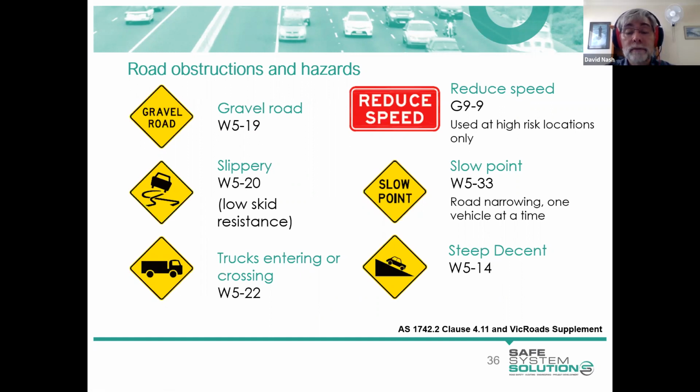Reduce speed, definitely don't overuse that. That should be reserved for particularly risky situations, high risk locations. Slow point is probably fair enough, and steep descent and steep ascent are sensible signs to use when that occurs.